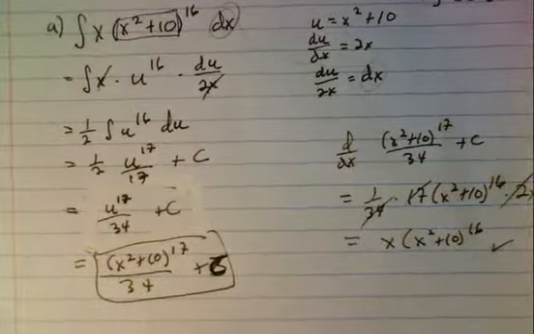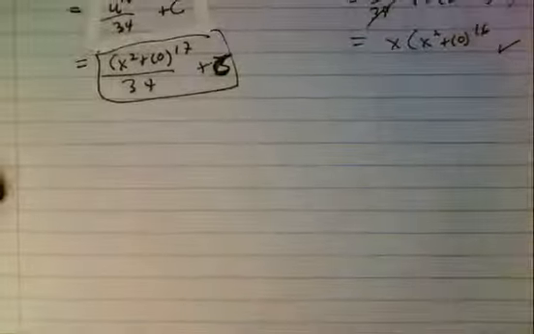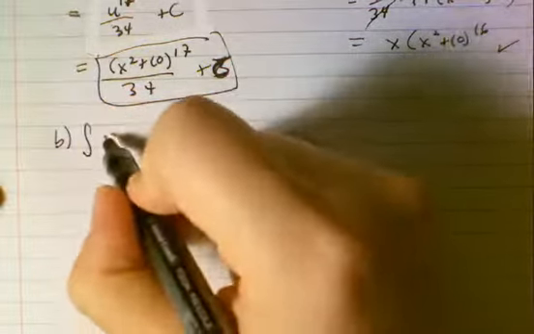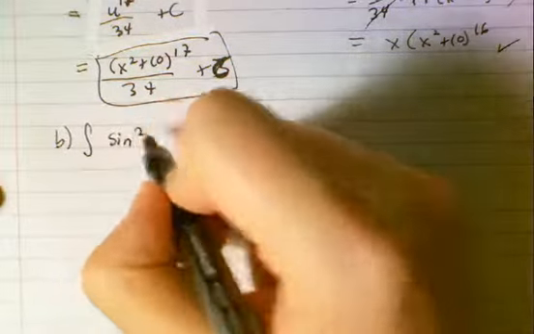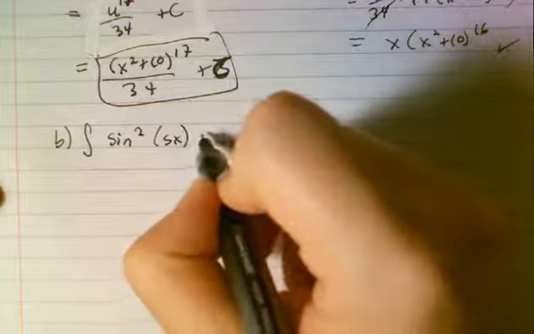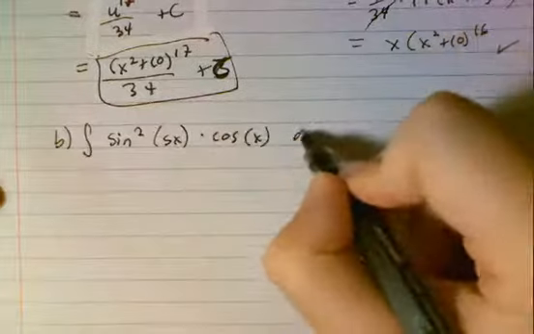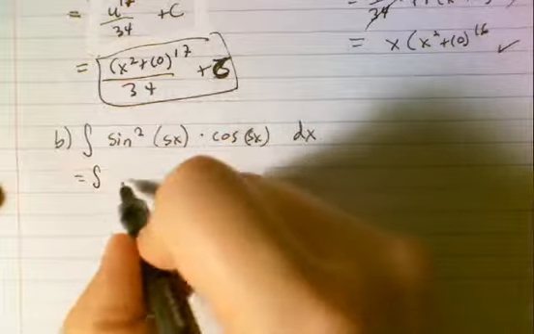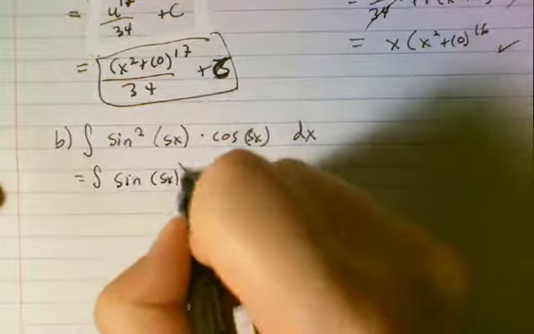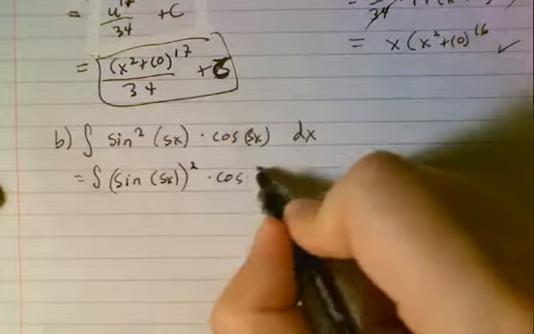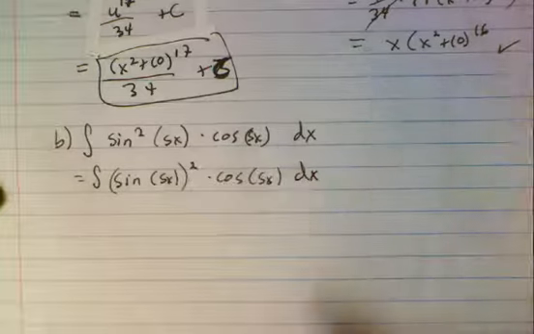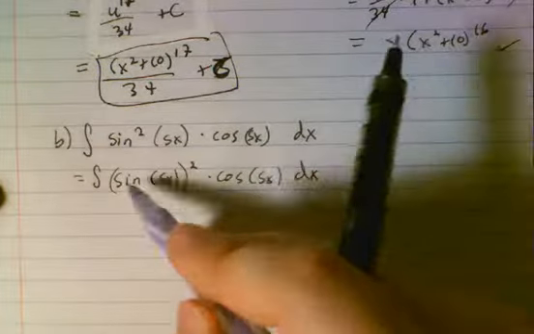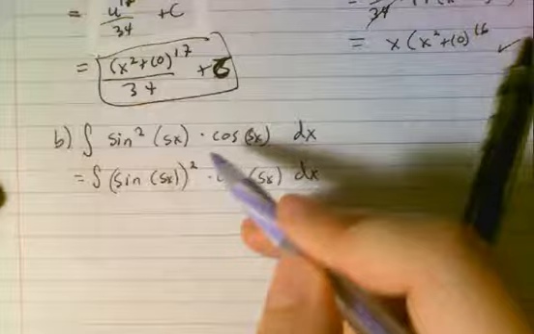Now let's look at one where we could have multiple options as to what our u would be. So let's do the antiderivative of sine squared 5x times the cosine of 5x dx. First things first, anytime we see this, we're going to rewrite it. Now, when we're looking here, we see several box functions. There's a cosine, there's a sine, and there's a power.